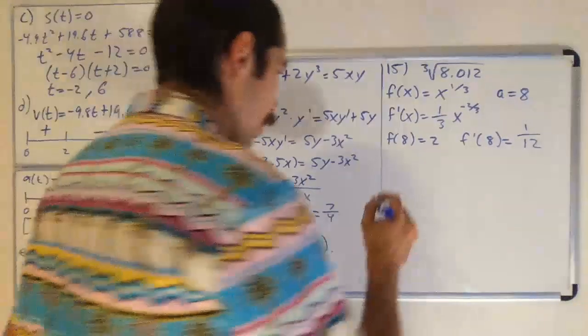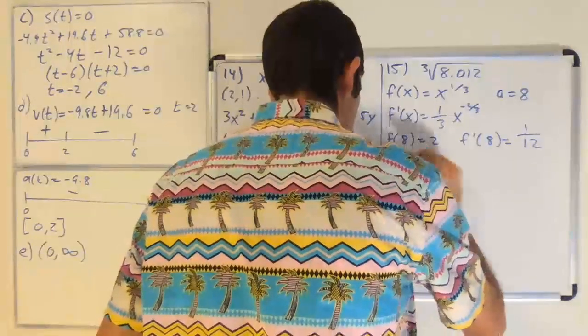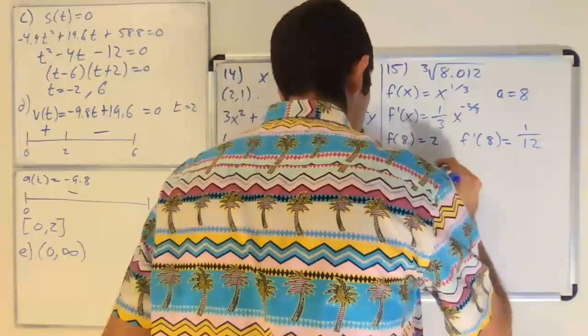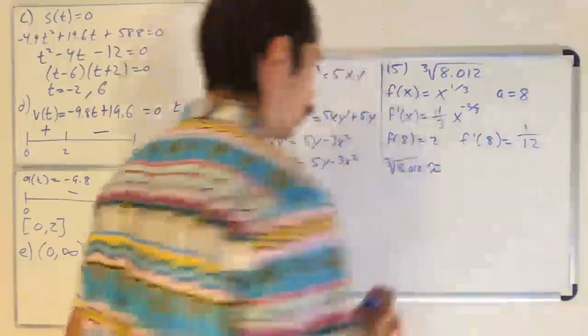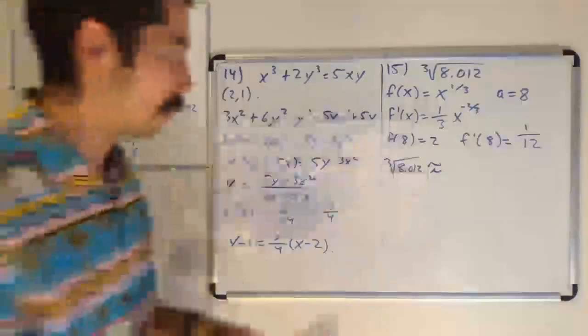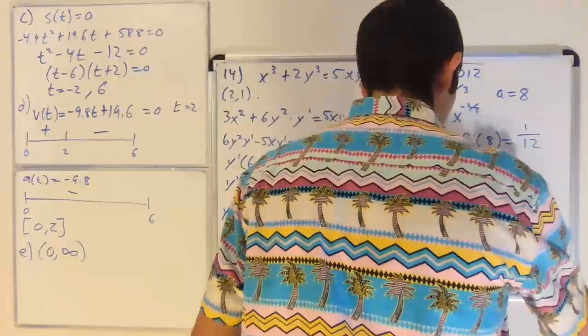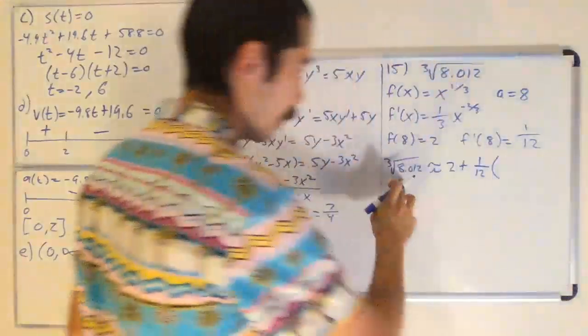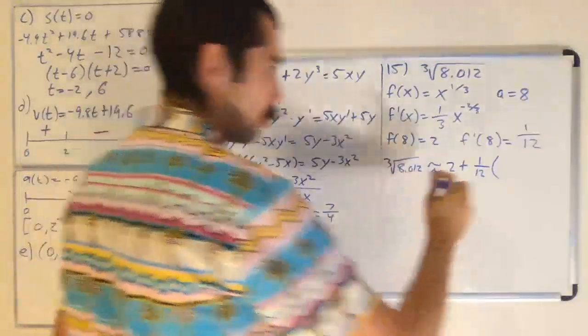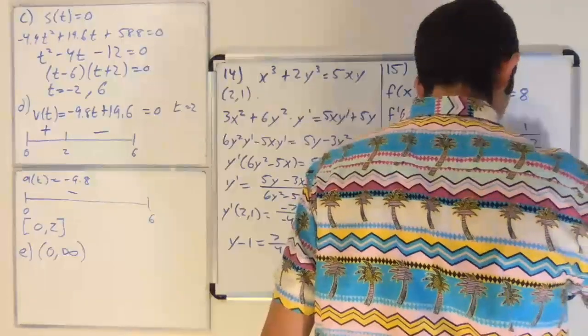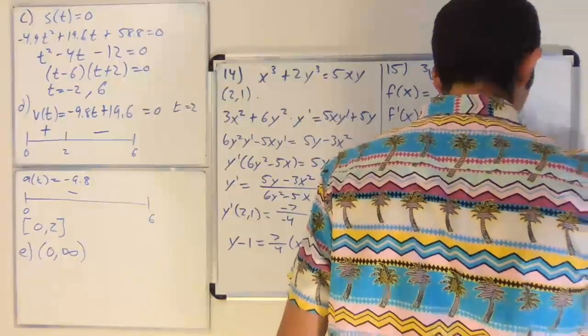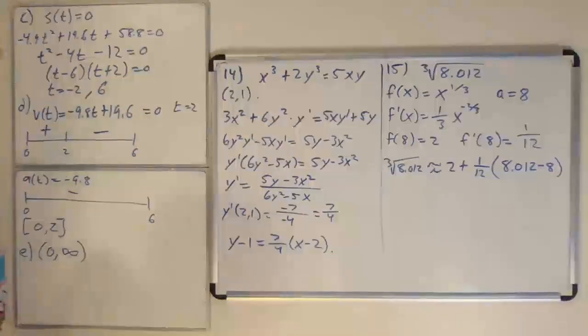And so we know that the cubed root of 8.012 is approximately equal to 2 plus 1/12 of 8.012 minus 8.